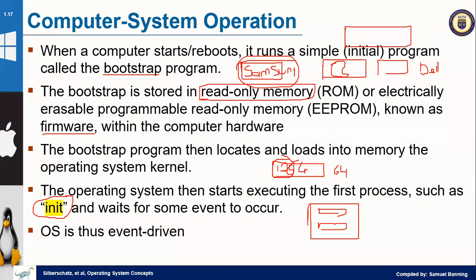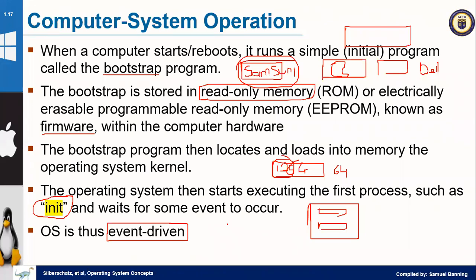You see that it is after you enter your password, or on your phone you touch the fingerprint sensor, that you go from the init to the desktop or to the next process of the operating system, which we will talk about later on. Until you perform an event, the operating system will not do anything. If it is a phone, you see that the screen will go off.